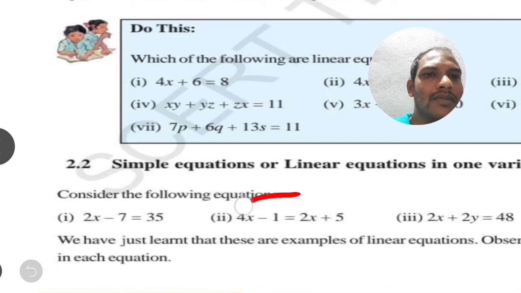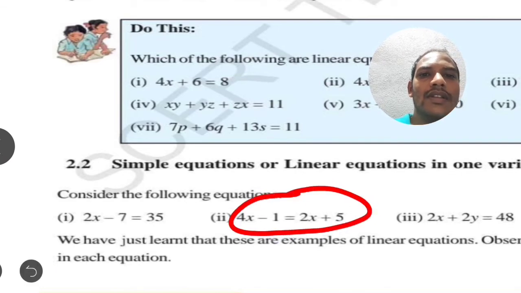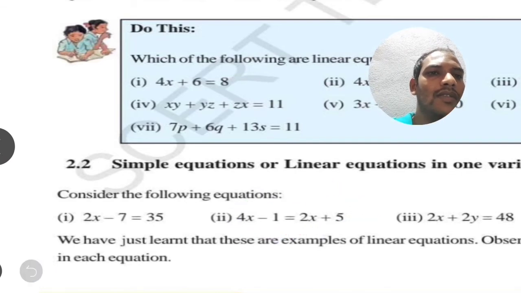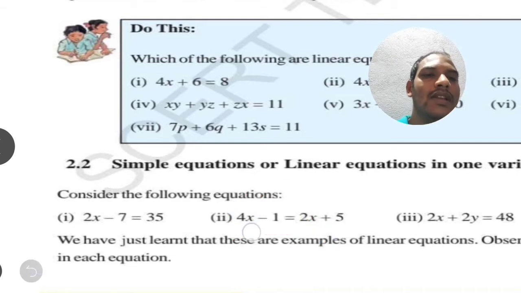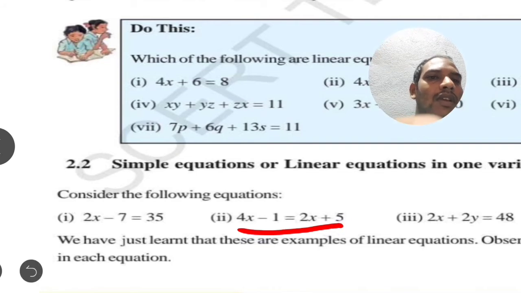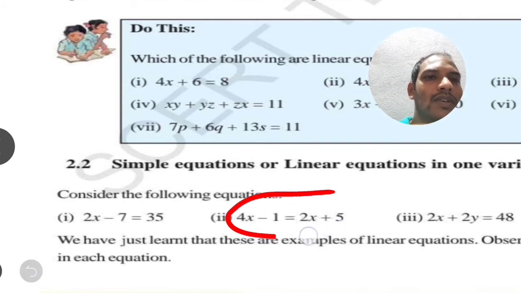Is it a linear equation? Yes, its degree is 1, and it contains only one variable. Of course, we have the variable in two different places, but they are the same. So it is a linear equation in one variable, a simple equation.